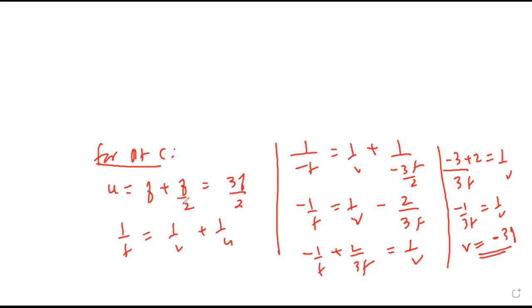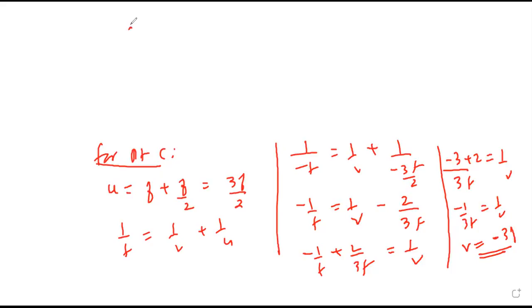Now let us predict the image. Minus 3f is C. Where was AB? We got v equal to f over there.